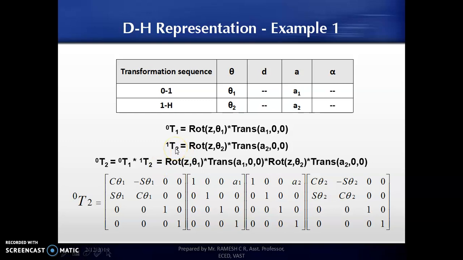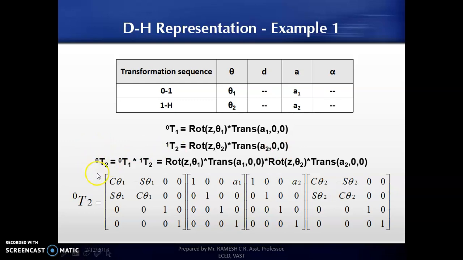Then to transform the planar robot from 1 to h, it is not 2, it is h, I rotate by theta 2 about the z axis, followed by a translation of a2, 0, 0.